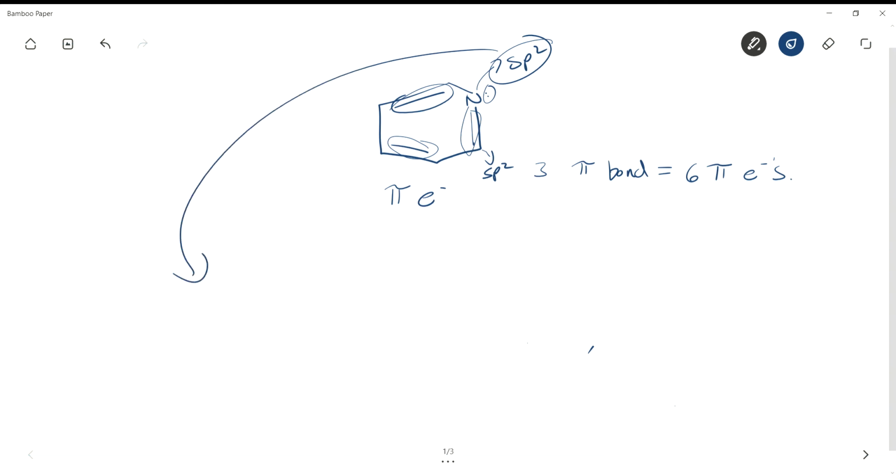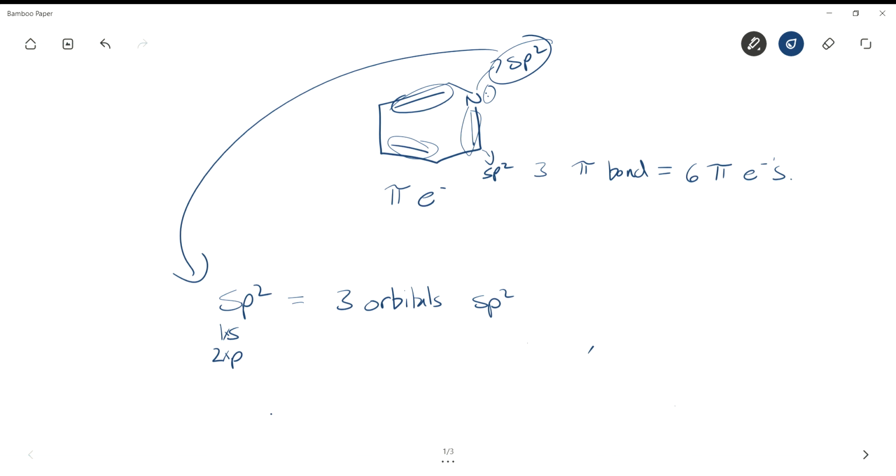sp2 means that you have 3 orbitals that are hybridized as sp2. You know that because the number of orbitals you put in to hybridize is the same number you get out. So we have 1 s and 2 p orbitals, 2 times p, 1 times s, so that comes to 3 orbitals.